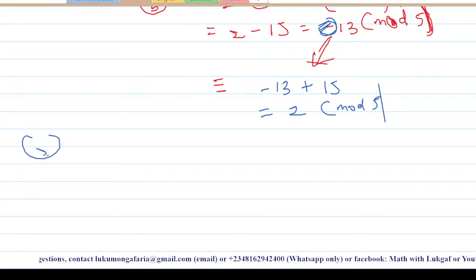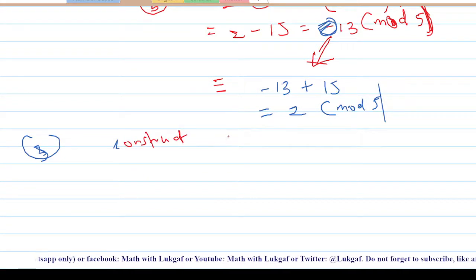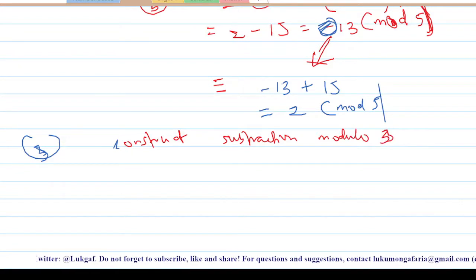Number 3, construct subtraction. I want you to construct subtraction modulo 3. You understand now? That is the set of all possible pairs of subtraction you are going to have, when you subtract the numbers in modulo 3.